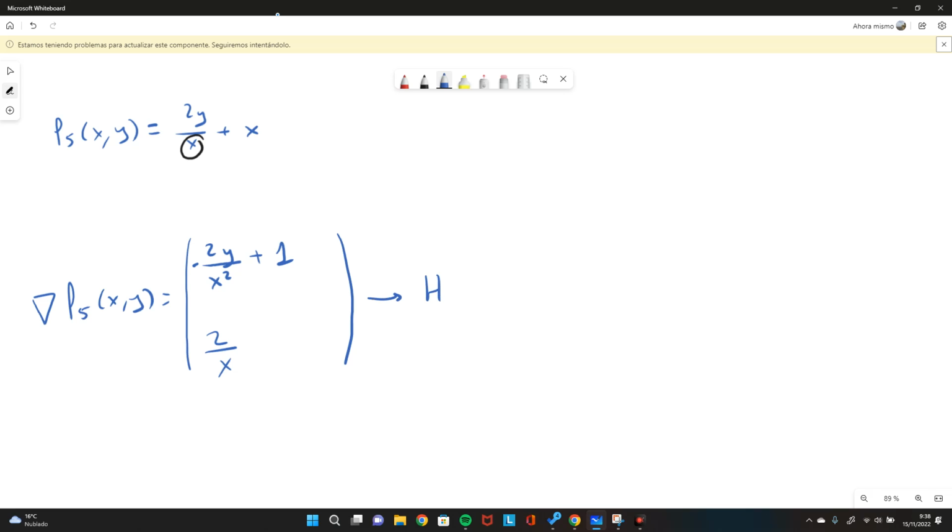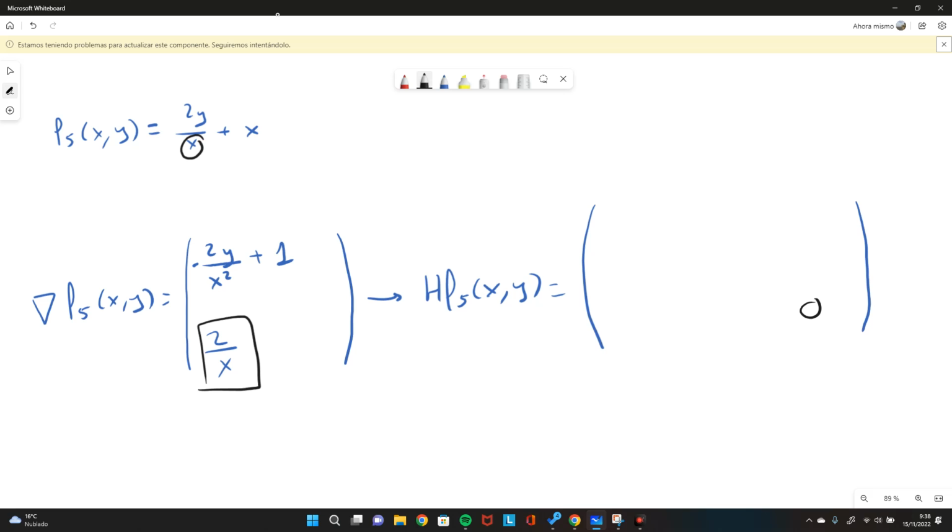What about the Hessian matrix of F5? When we think about doing this with respect to y, that's nothing. That is again 0.